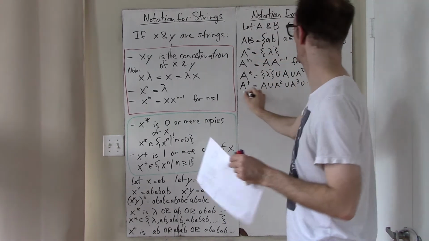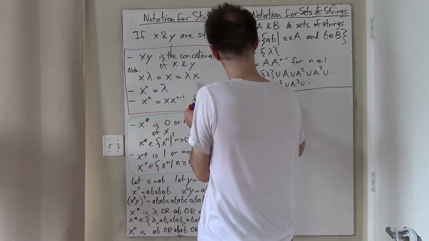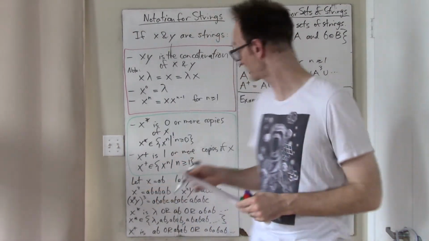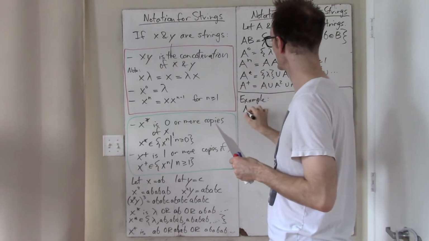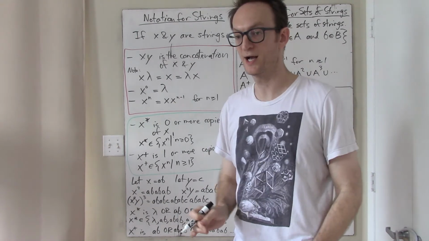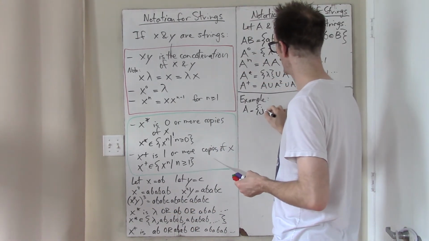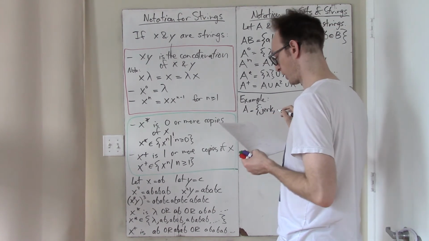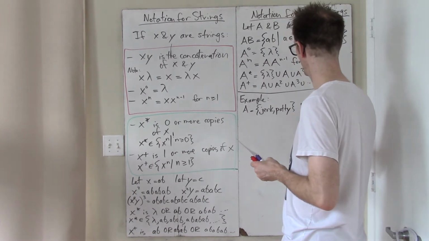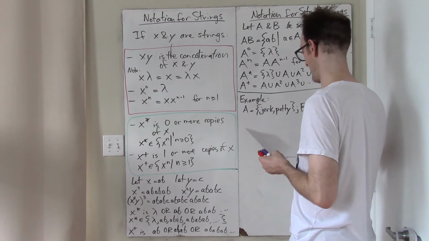Okay, let's do an example. I made a silly example. Suppose you're trying to talk about all possible curse words. Let's let A be the adjectives jerk and potty, and let's let B be face and head.